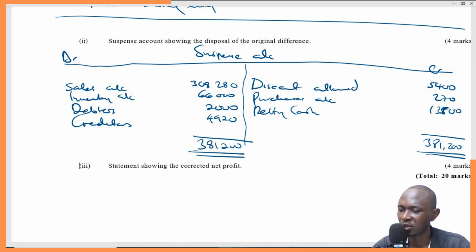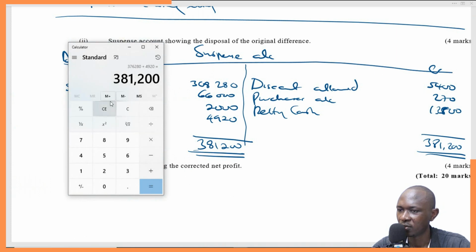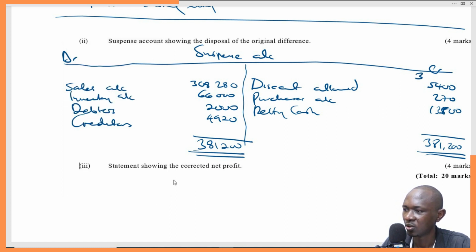Then we'll also want to check on the other side. This will be 5,400 plus 270 plus 13,500. That gives us 19,170. So 381,200 minus 19,170 gives us 362,030. So 362,030. So this was the balance carried down.